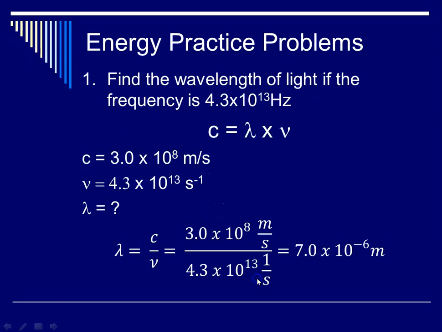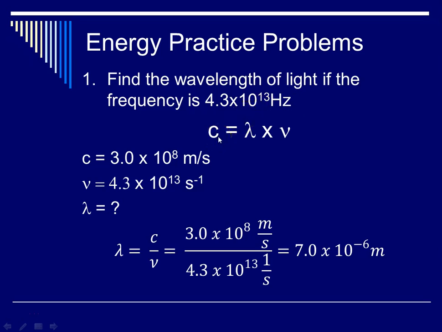Pretty cool. So now I'm going to take a practice problem off of the worksheet that should be in your chapter 4 packet that Mr. Palmer kindly copied for us. So problem 1 on that page says find the wavelength of light if the frequency is 4.3 times 10 to the 13th hertz.